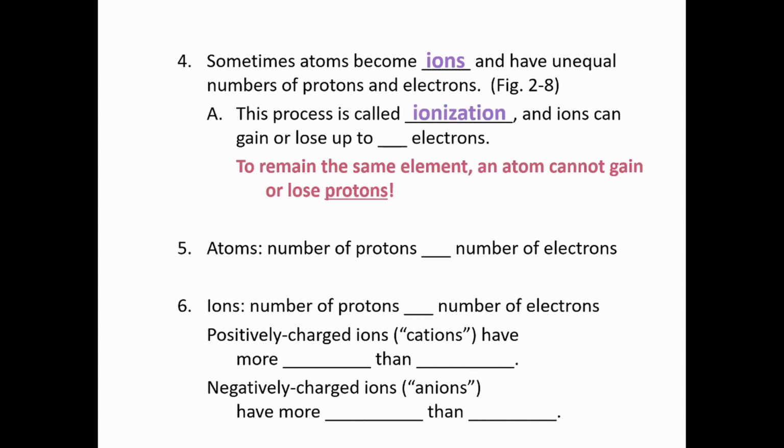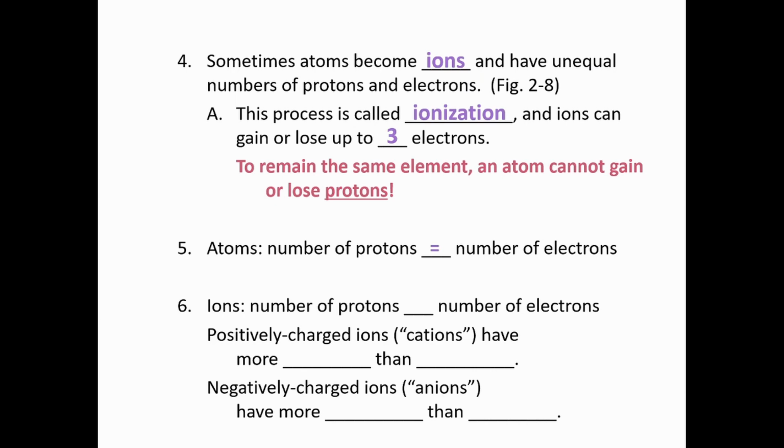We call that process ionization, and ions can lose or gain up to 3 electrons. Remember, we cannot lose or gain protons. We're only talking about electrons when we're talking about ions. We'll see a plus or minus sign to show the charge based on how many electrons we have gained or lost.